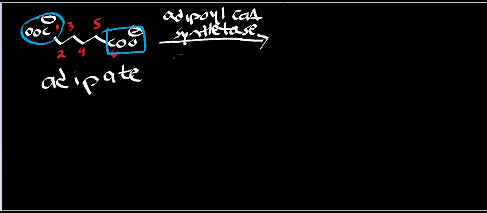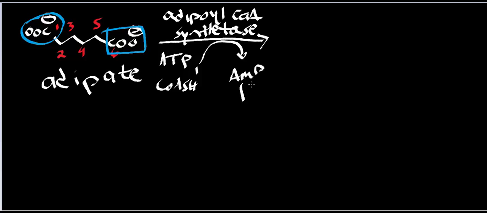So you're going to put in an ATP, you're also going to put in a coenzyme A, and it's going to kick off AMP and pyrophosphate. Of course, a pyrophosphatase drives the reaction forward with the release of free energy. And ultimately, what you end up with is this.